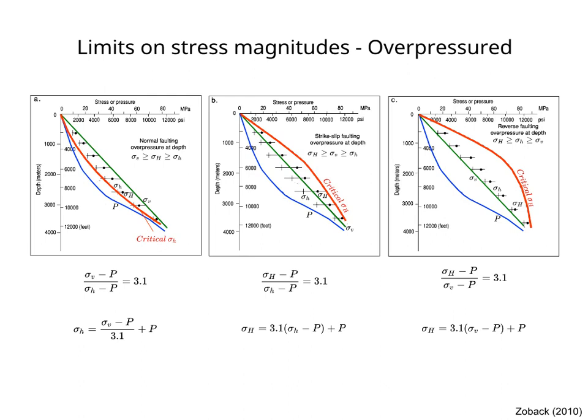Notice that as the pore pressure approaches sigma v, at great depth, the limiting strength magnitudes, represented by the red curves, are not significantly different from the vertical stress, regardless of whether it is a normal, strike slip, or thrust fault. When pore pressure is very high, fault slip will occur on well-oriented faults, when there is only a small difference between the maximum and minimum principal stresses.